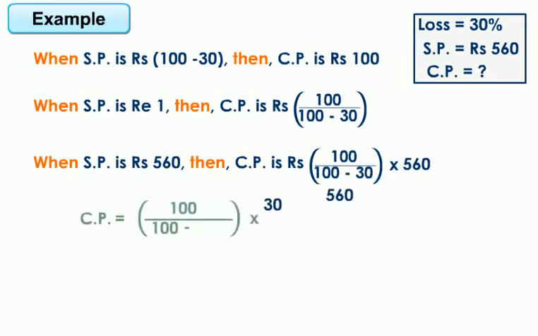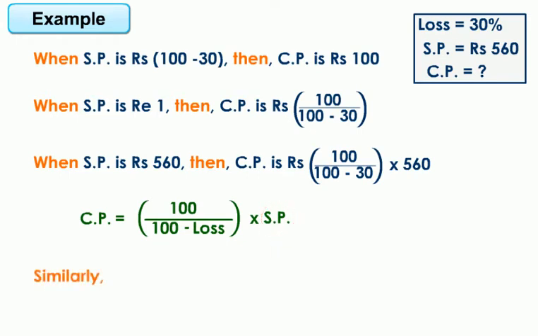On replacing 30 by loss and 560 by selling price, we have the formula cost price equals 100 divided by 100 minus loss into selling price.